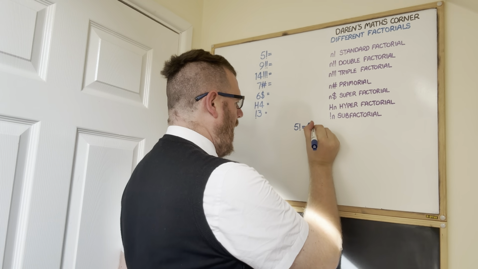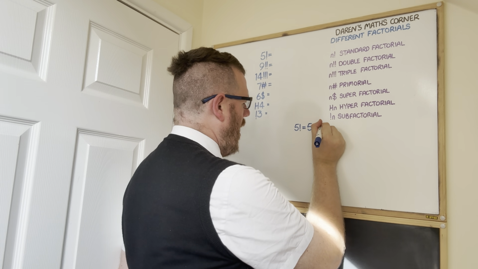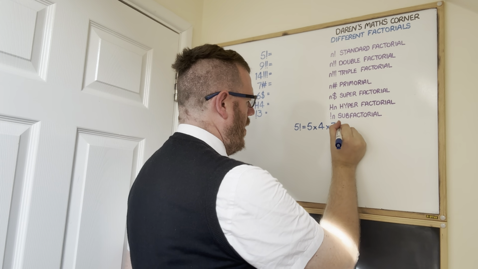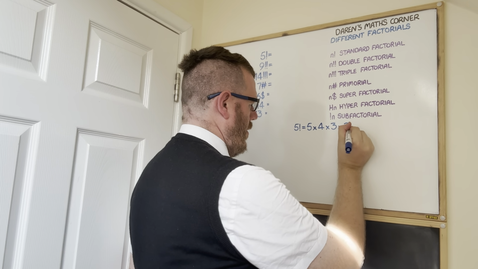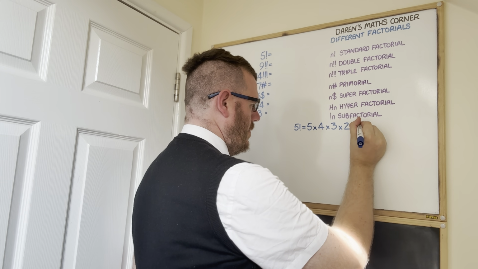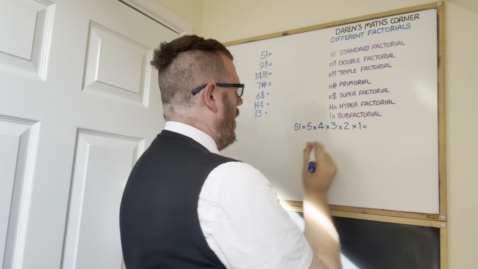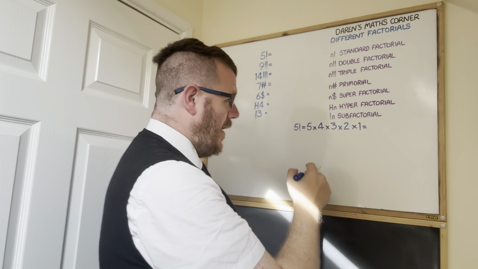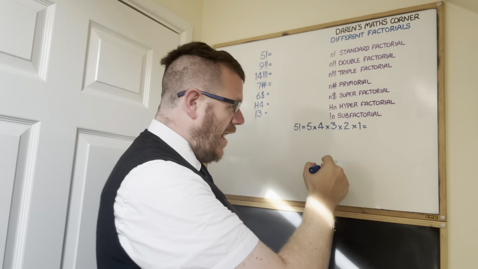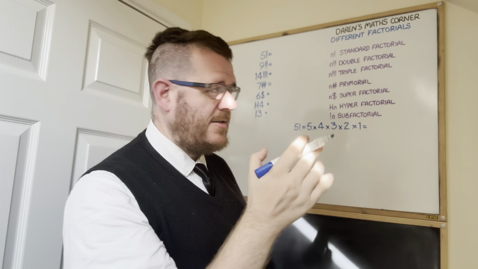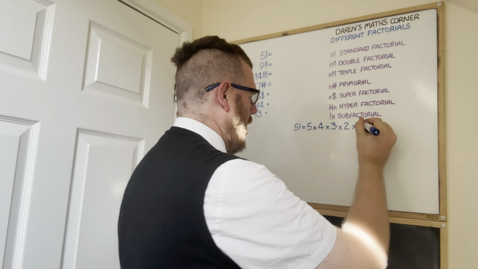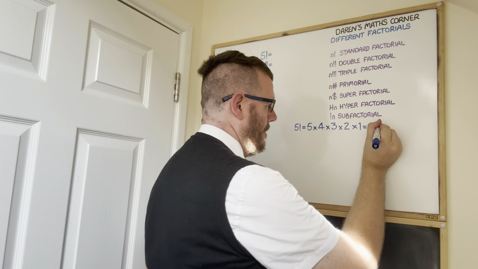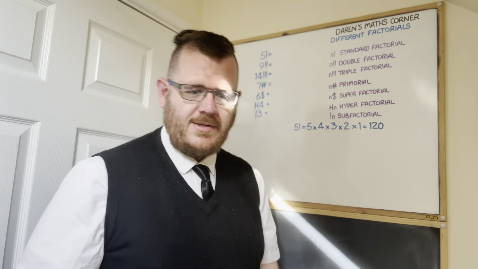So you've got 5 times 4 times 3 times 2 times 1. 5 times 4 is 20, times 3 is 60, times 2 is 120. You can just ignore the 1 because it gives you the same answer, 120.